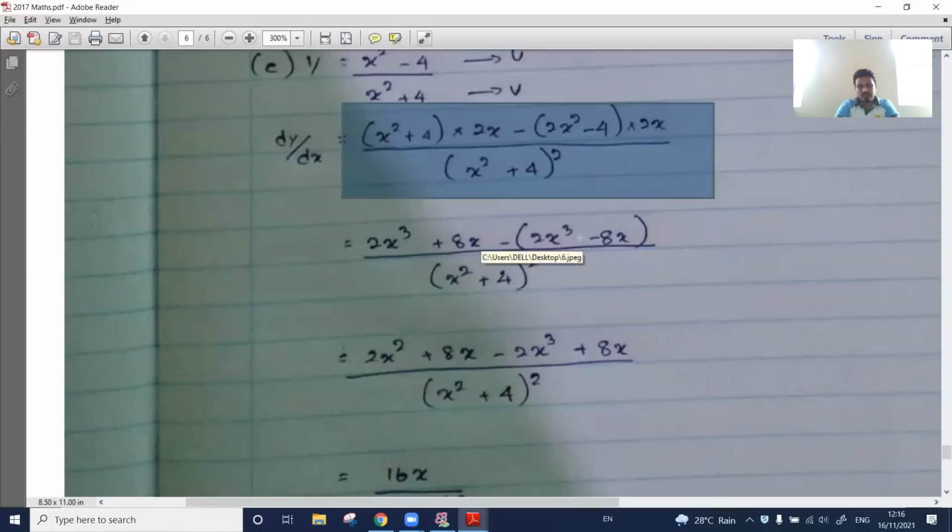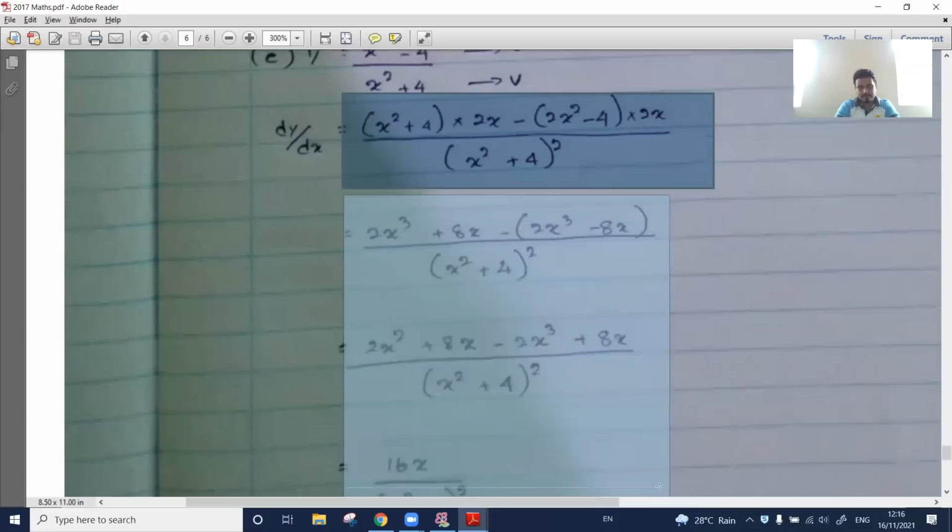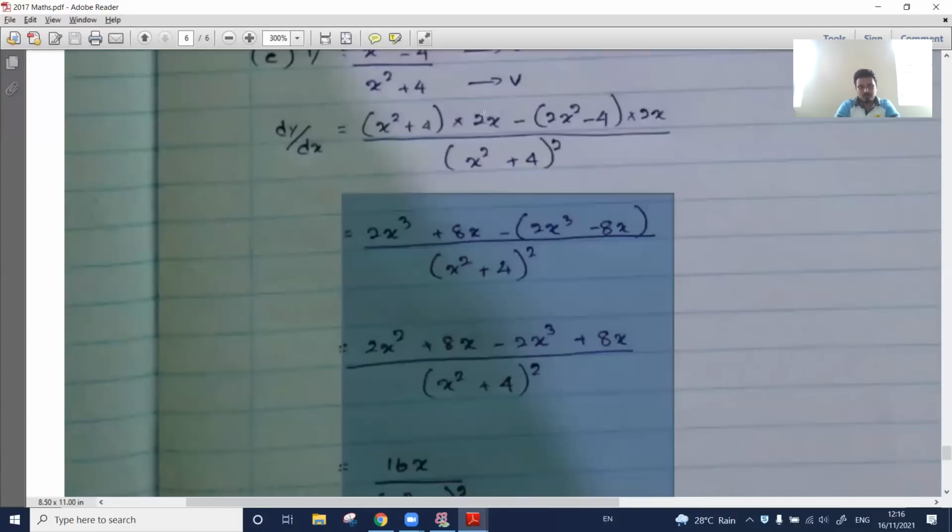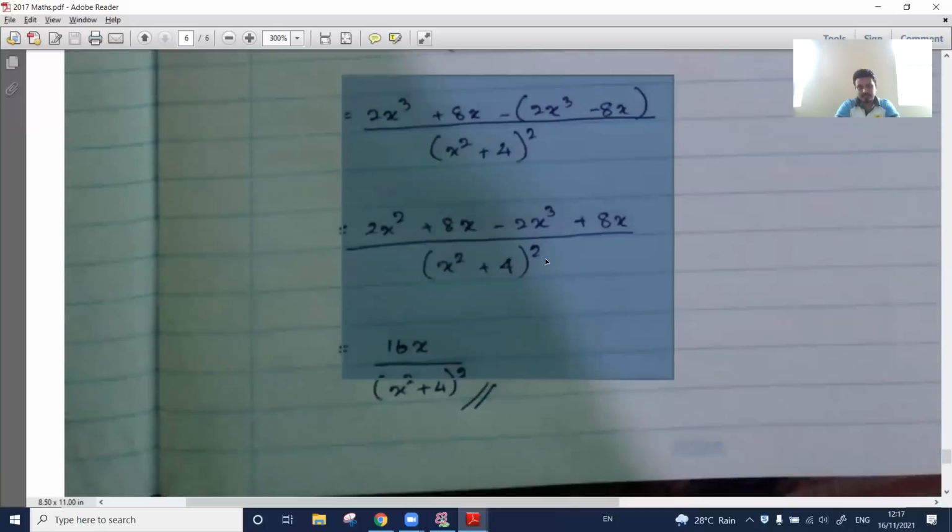Oh no, here you have made it correct, right? Somehow, for some reason, the mistake has been dragged along here. Otherwise, 2x into 2x squared, it should be 4x to the power 3, you know. But here you have considered it as 2x into x squared, 2x to the power 3. So this is correct. 2x into x squared, 2x to the power 3, 2x into 4, that is 8x, minus, yes, 2x into, yes, correct, correct.